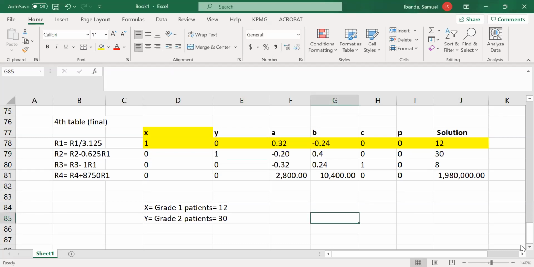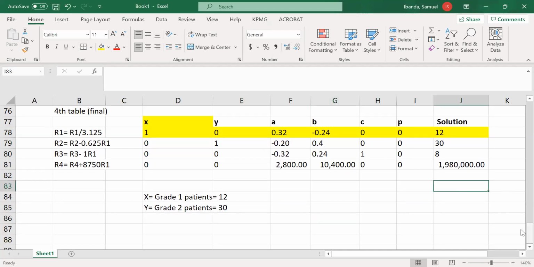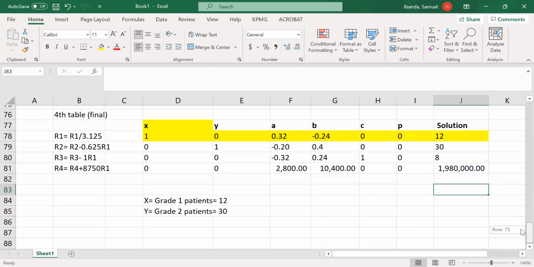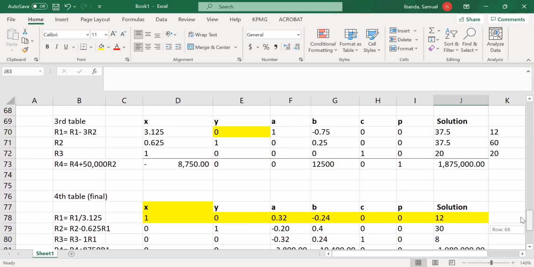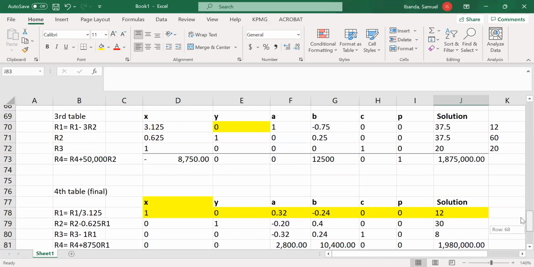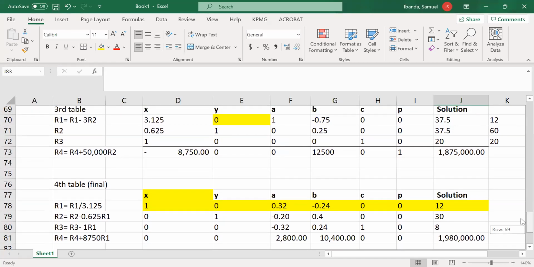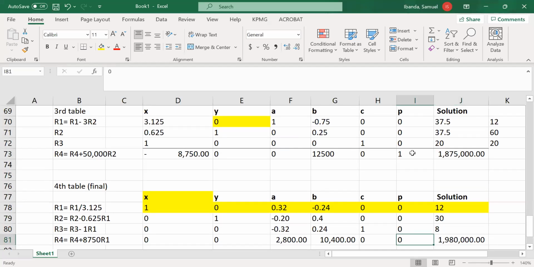Now, okay. I need to redo something. Let's just look here a little. We need to do something here. I think I took this to be 0.